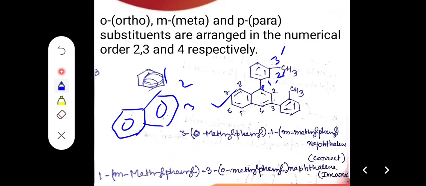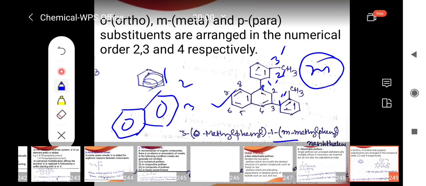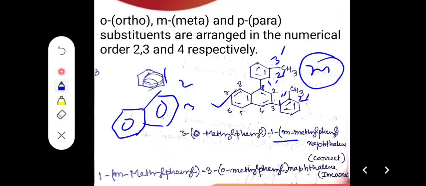So this should be present as a meta position. So we have to write 1-(meta-methylphenyl)naphthalene. In that condition, at 3 position there should be 1 double prime, 2 double prime.